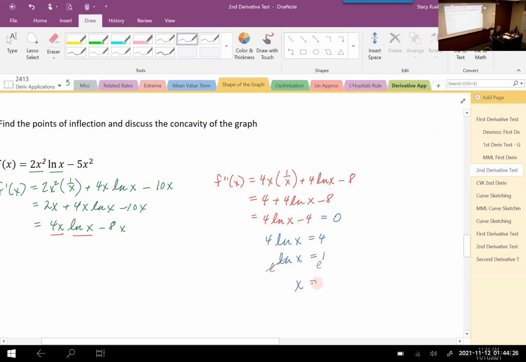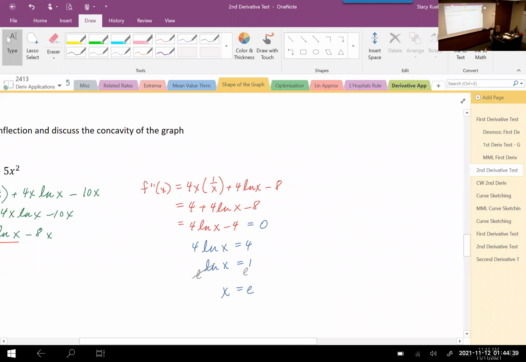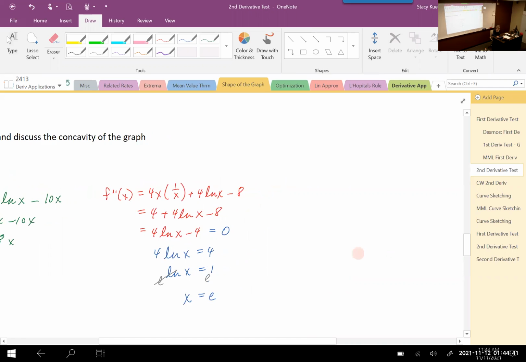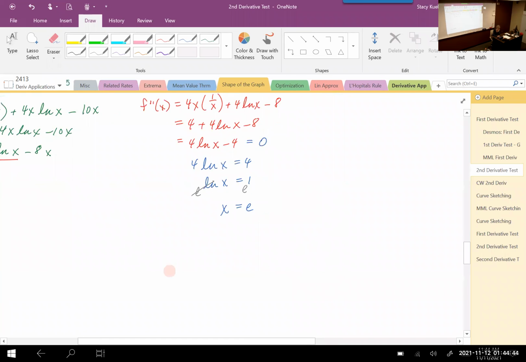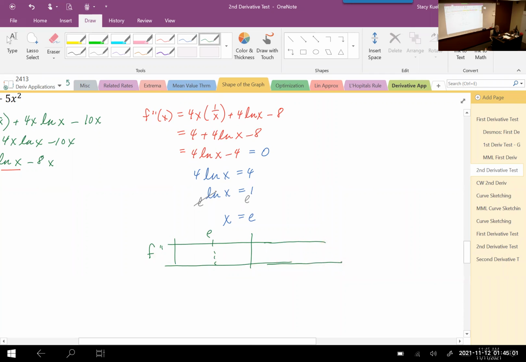And I found that x is equal to e. All right, now let's test this to find out where it's concave up and concave down. So I have e, and I want to test around e. So what are you going to find?